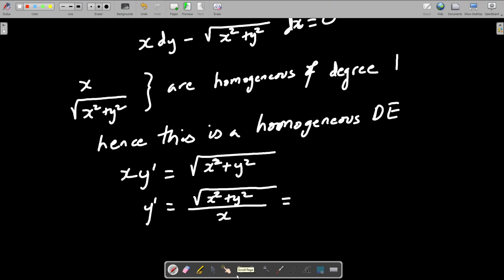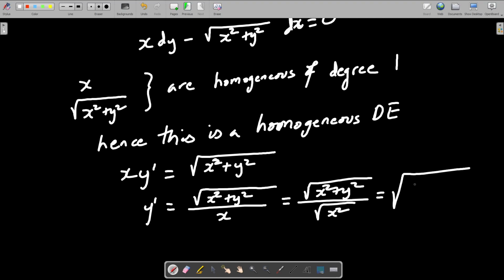So we'll write the denominator as square root of x square, right? So that will work. Square root of x square, you can just think of this whole thing as square root of x square plus y square upon x square. What will this reduce down to? 1 plus y by x, the whole square. It will become y square by x square, but you can write it as y by x the whole square. Okay? Clear?